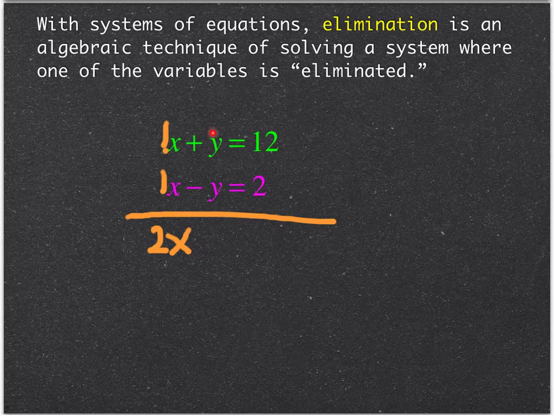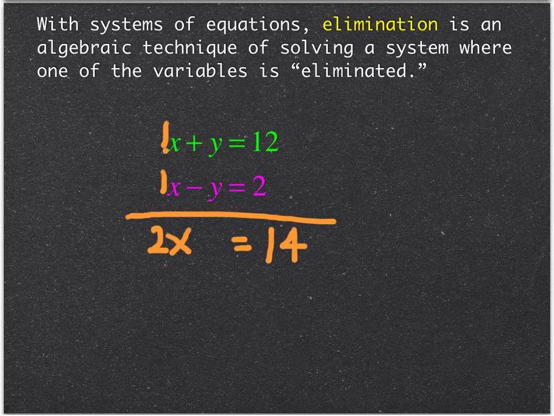When I add 1y and then negative 1y. You can think of this as a minus sign, or you can think about it as adding a negative. So 1y minus 1y, of course, is 0. And typically I don't put 0 down when I write this out. I just leave it blank so it doesn't clutter this up too much. Then I still have my equal sign, and of course 12 plus 2 is 14.